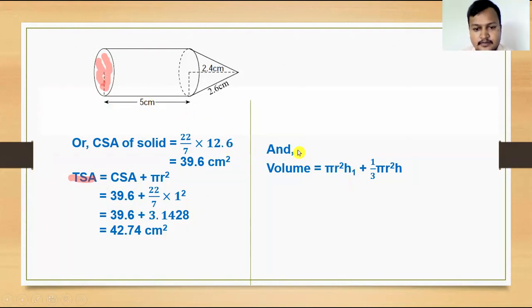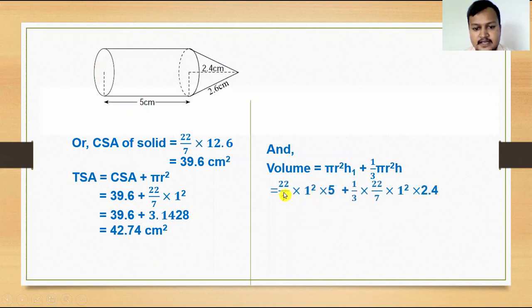Now put the values, or before putting values you may take some values common also. Pi r square is common, the remaining value is h1 plus 1 by 3 h, or directly you can put the values, that does not matter, you will get the same answer.